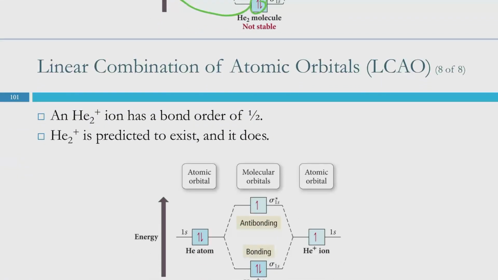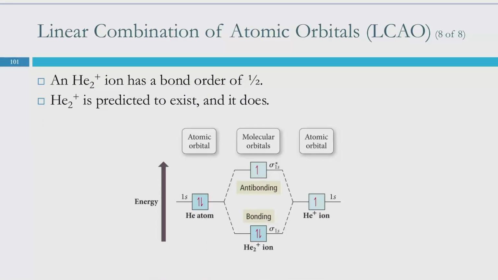However, the helium ion, so we've got He2 but with a 1 plus charge. Now we've only got 3 electrons, because the 1 positive helium ion has 1 electron.